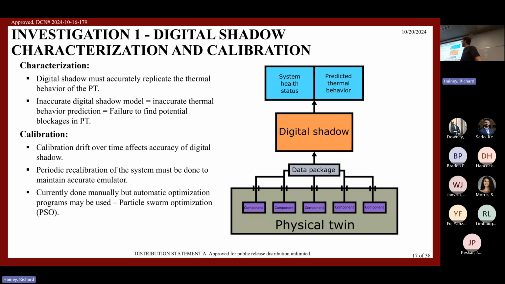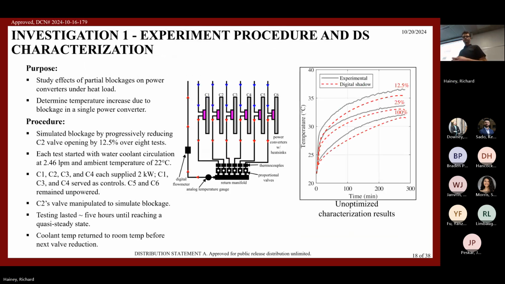Now, like I said, the system has to be characterized and maintain calibration, or else it leads to accuracy drift, and the results we will be seeing from the digital shadow become inaccurate. And you can see some of that here.